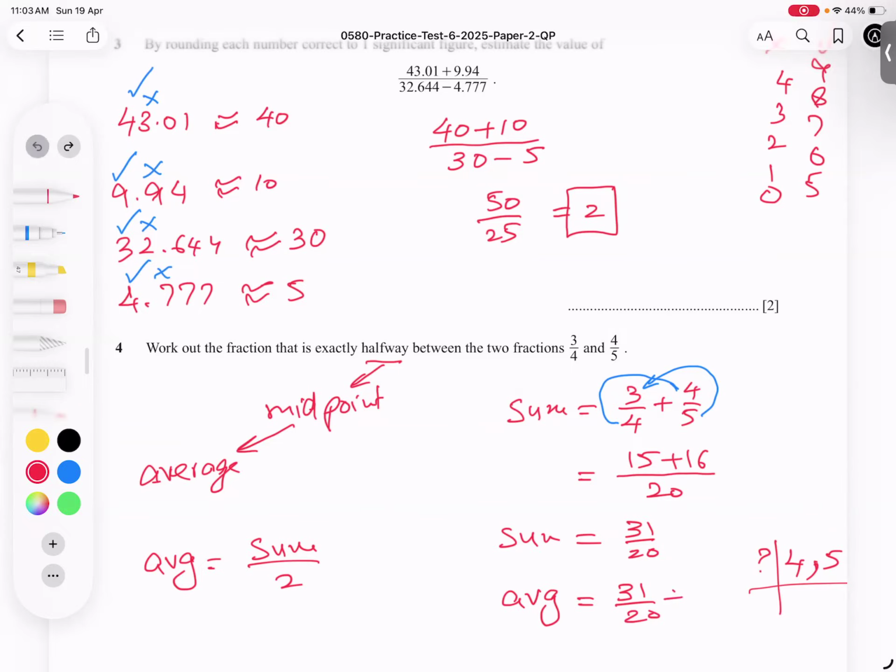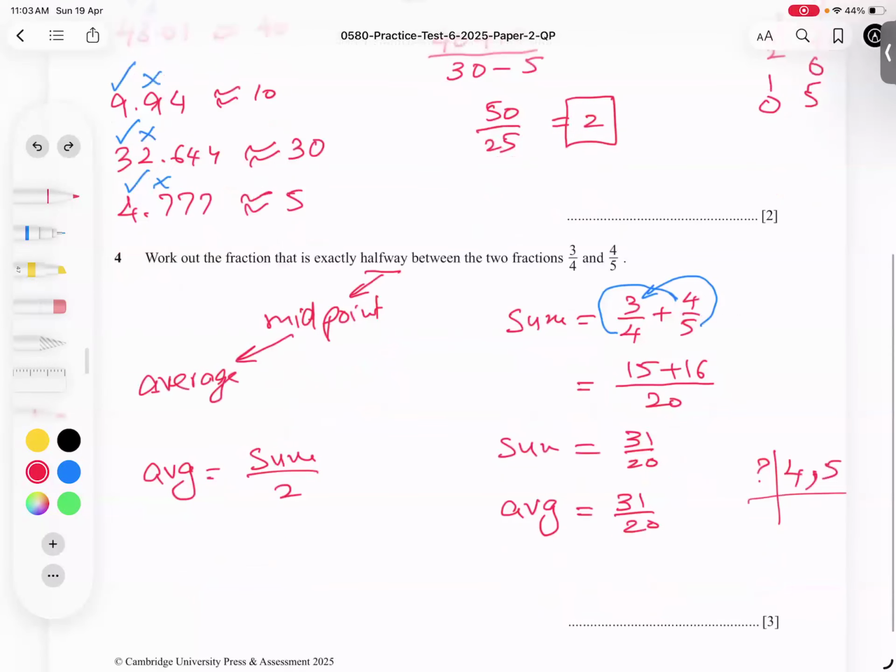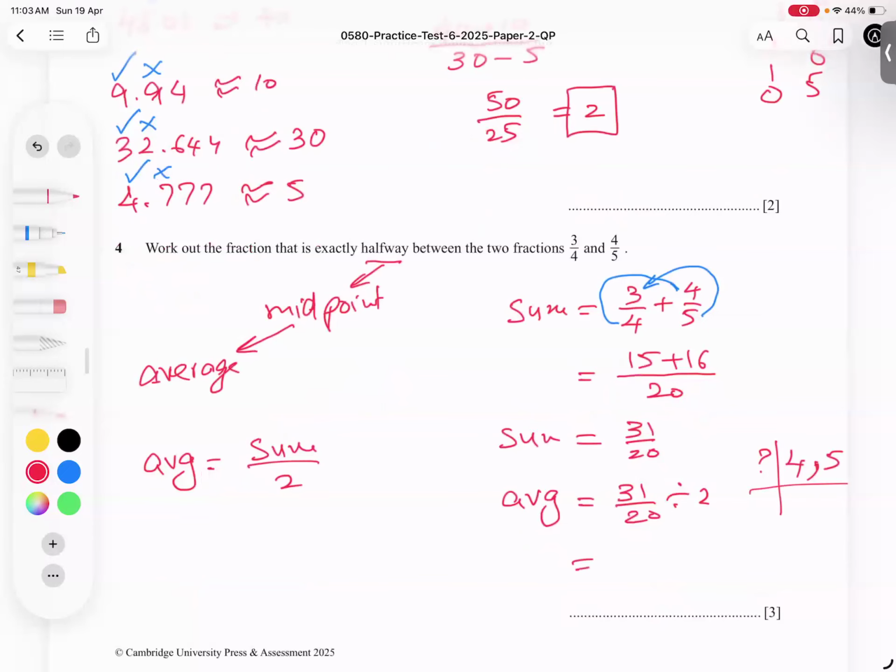Whenever you divide by 2, look at this, I'm writing this divide by 2 and later on you can write it as multiply 1 by 2 because when you divide, the number flips. When there is no number under 2, then we have 1. And when you flip, 1 up and 2 down, that is why I wrote 1 by 2. So 1 multiply with 31 and 2 multiply with 20. And I got 31 over 40 and this is my final answer.